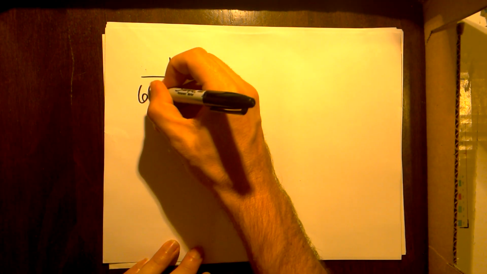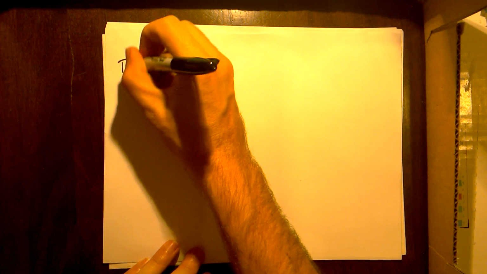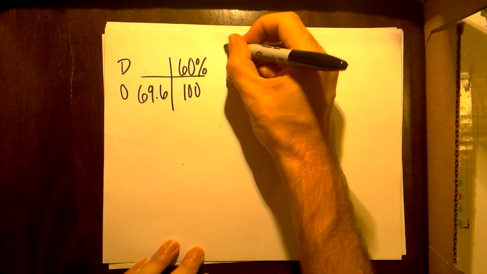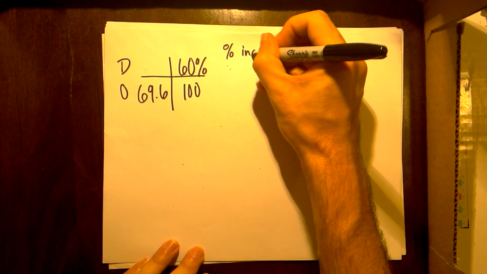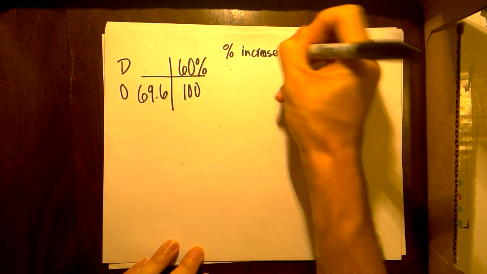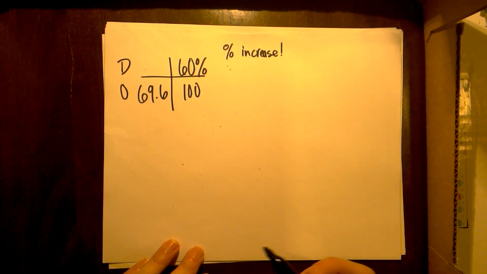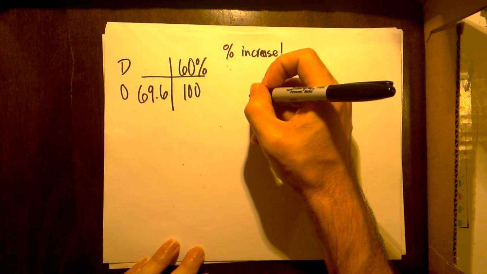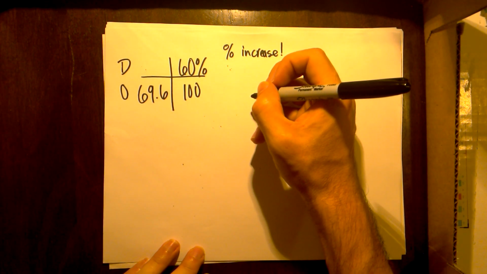All right, so he normally expects 69.6. Now, I put that down at the bottom because we are doing a difference over original. It's a 60% increase. Anytime you see percent increase, that is going to be a difference over original problem. All right, so I multiplied this out for all of you.